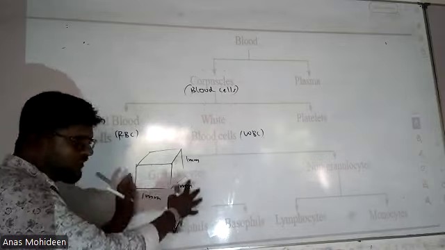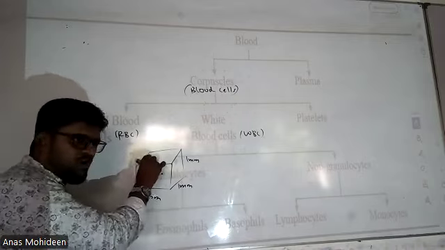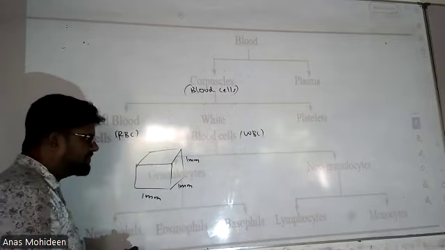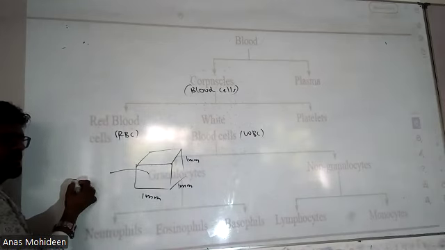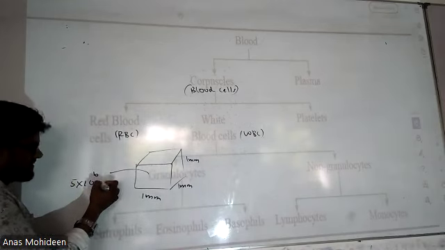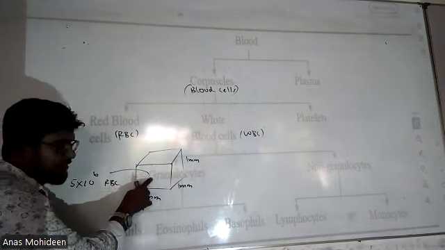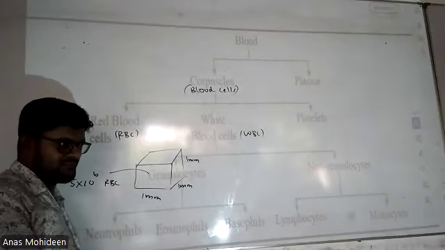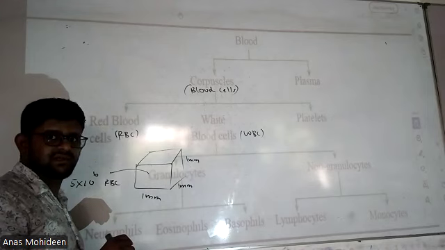Such a small volume of blood, 1 cubic millimeter, contains about 5 into 10 to the power 6 RBCs. 5 million RBCs. Within that very small 1 cubic millimeter, 5 million RBCs on average are there.